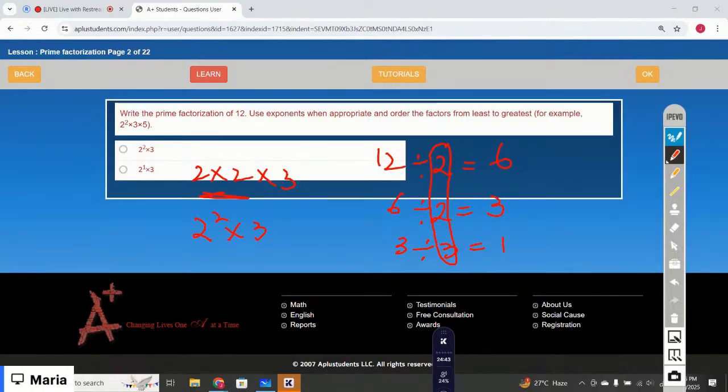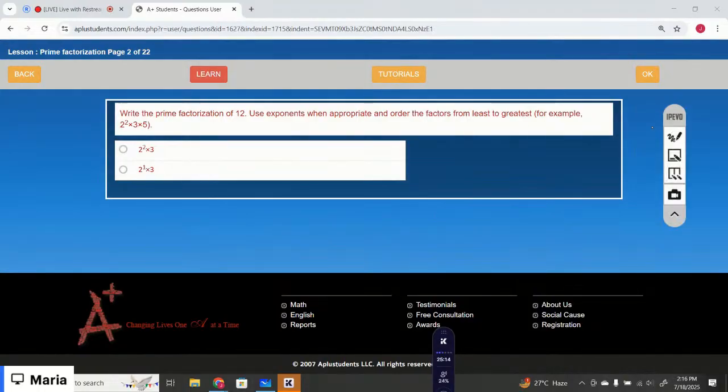Option number 1 is the correct option. That is 2 square times 3.